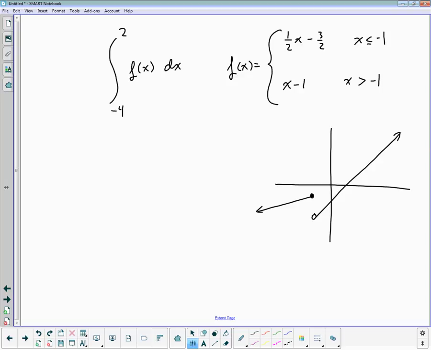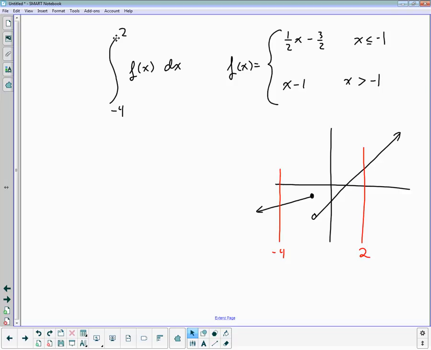Okay, so we have a piecewise function that we are trying to integrate, and we're going to integrate it from -4 to 2. I'm eyeballing my graph. I'm not trying to make it accurate.